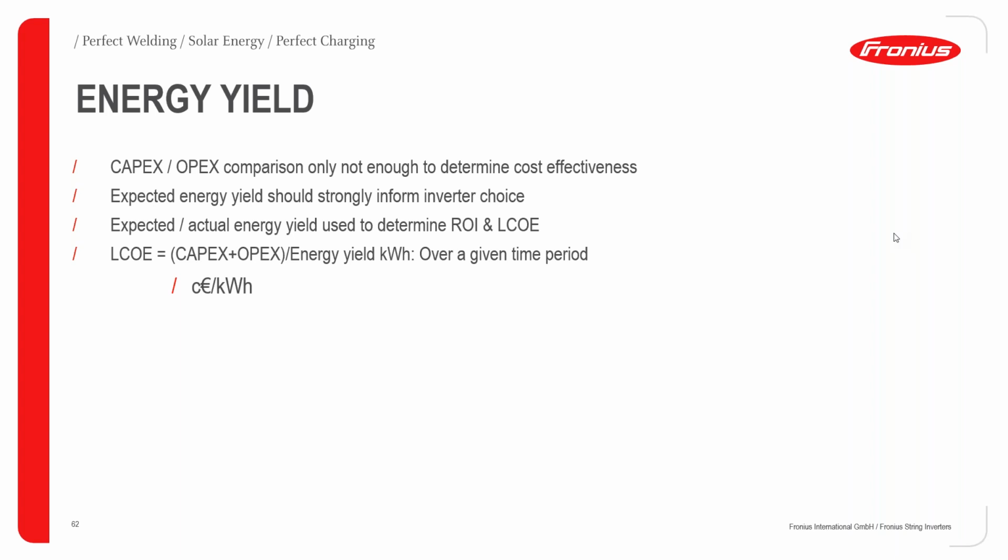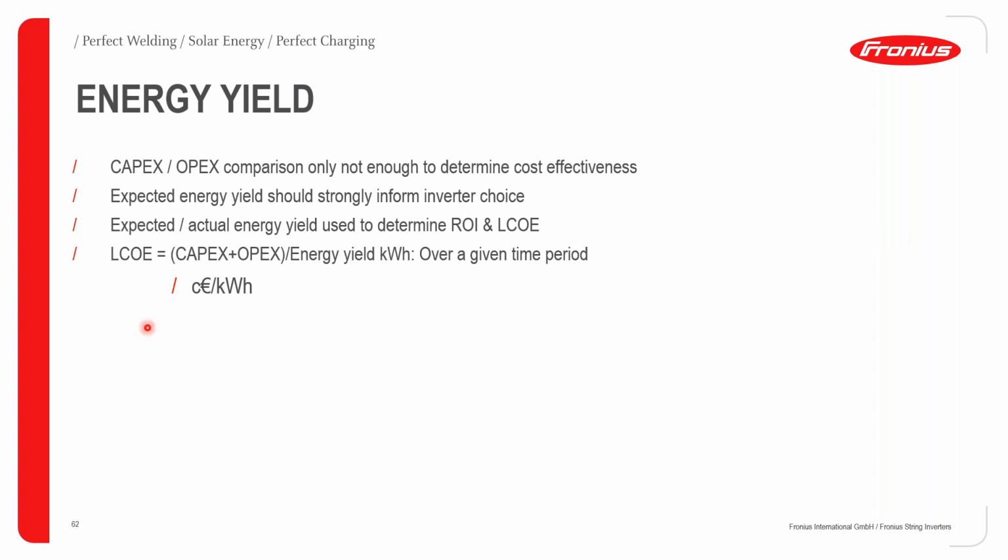However, looking at CAPEX and OPEX comparison, these alone are not enough to determine how cost effective that system is. The expected energy yield should strongly inform, therefore, your inverter choice. So the expected over the actual energy yield when you designed your system determines your return on investment as well as the levelized cost of energy.